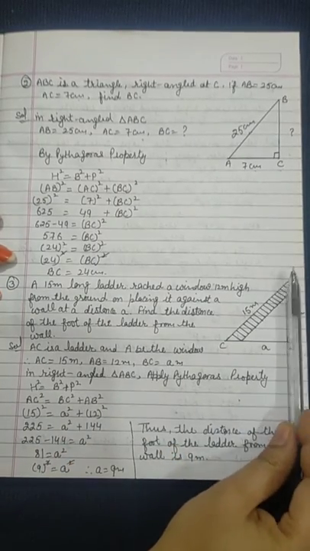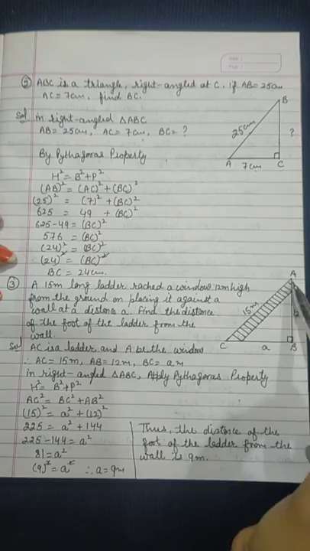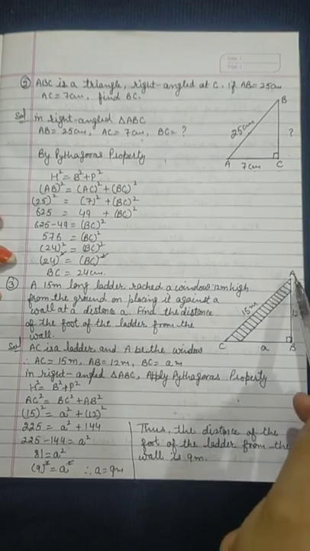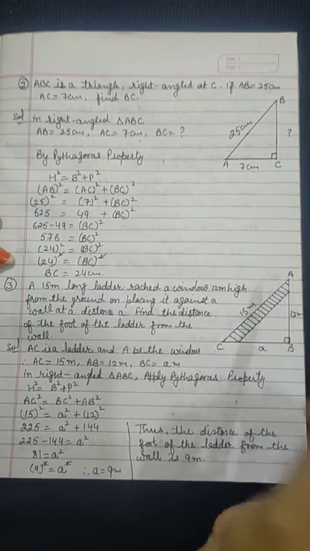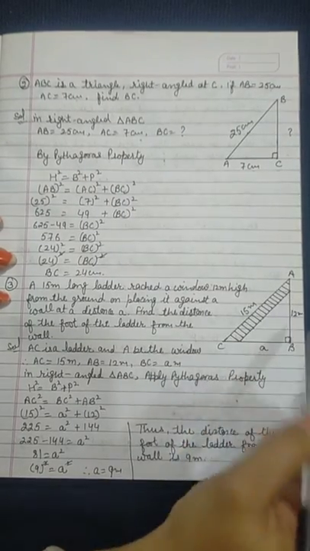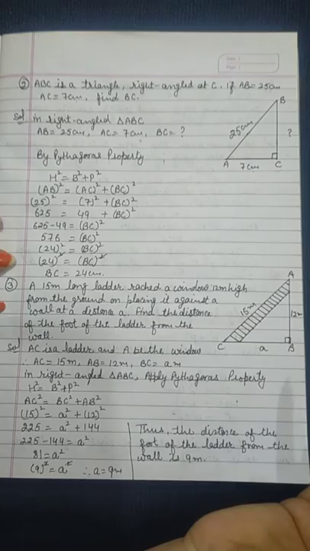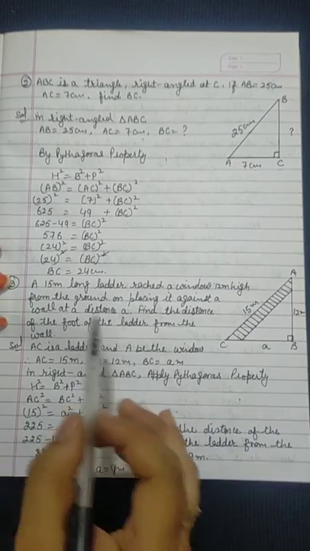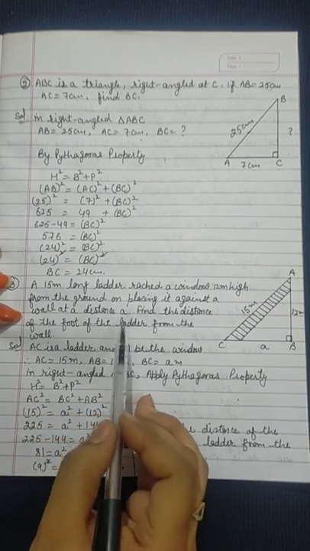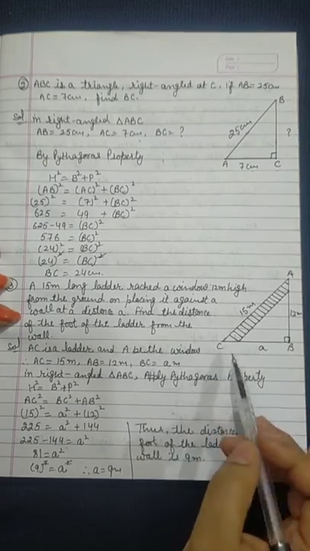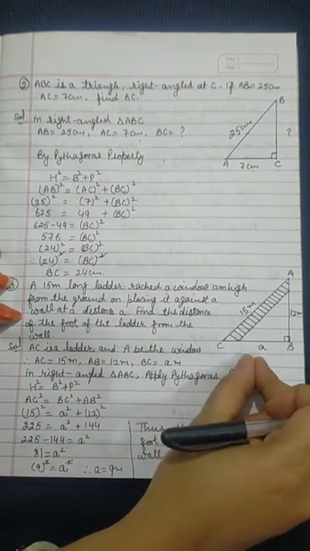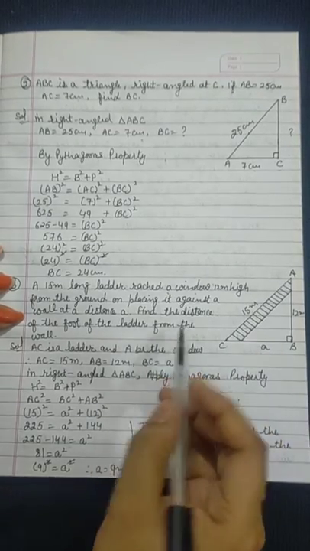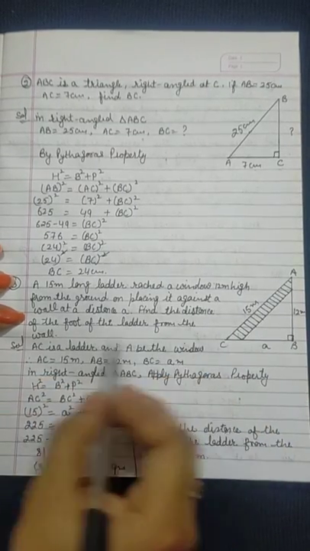If this is a wall and it has a window here, window A, it reaches a 12 meter high distance from the ground. Here the wall is 12 meters high, and A is the window. Find the distance of the foot of the ladder from the wall.